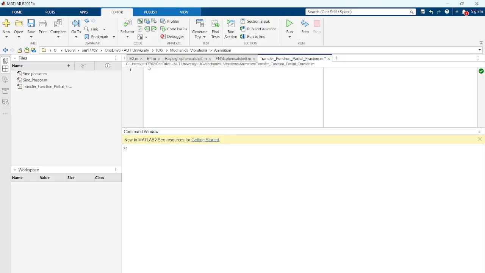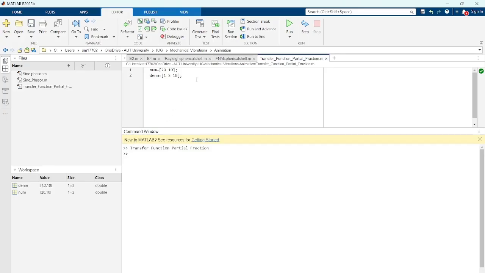So first of all, let's say we have a transfer function with numerator equals 20 and 10, and a denominator equals 1, 2 and 10. So this is our numerator and denominator.